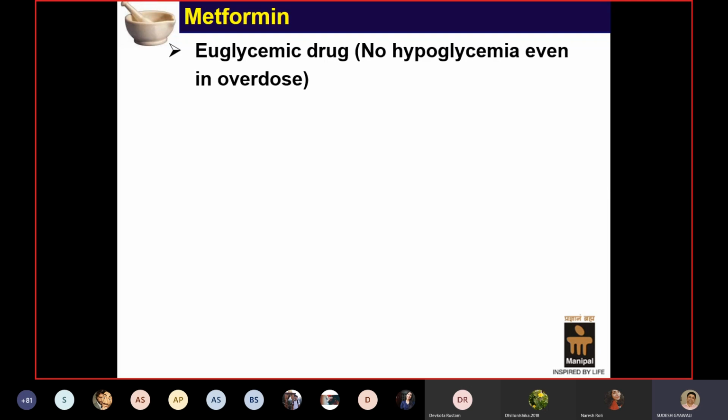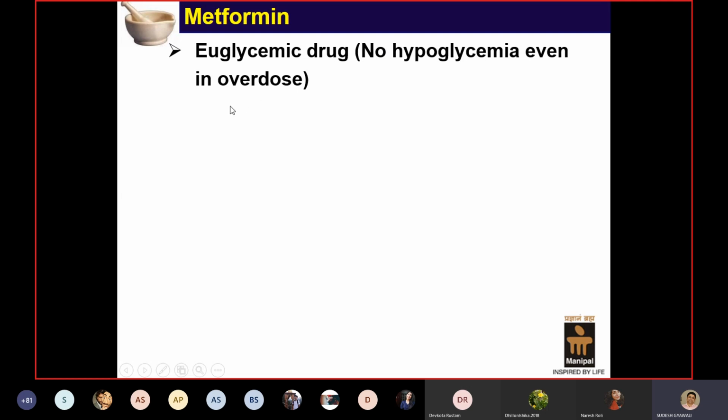Similarly, what you have to understand is metformin. If the blood glucose level is higher, metformin will make it normal. But if someone's blood glucose level is normal and you give metformin, it doesn't decrease the blood sugar level. That means it doesn't cause hypoglycemia. Always euglycemic, okay, normal glycemic. So no hypoglycemia even in overdose.